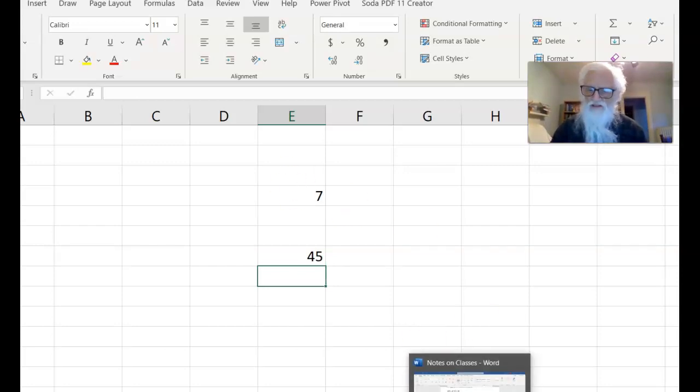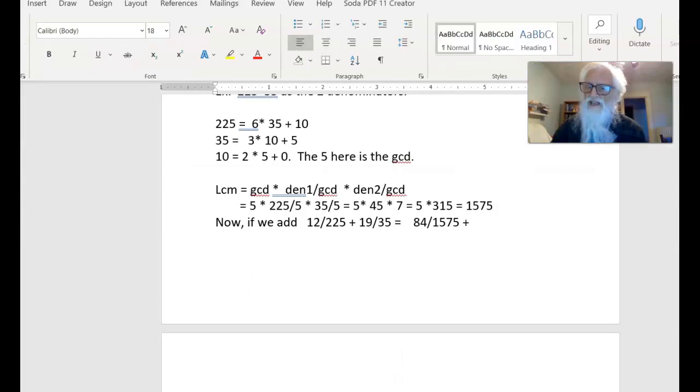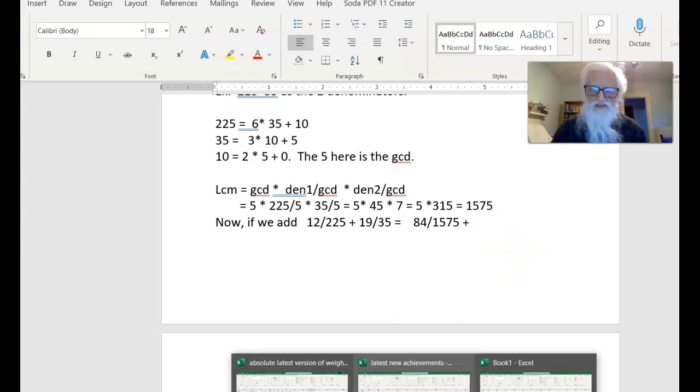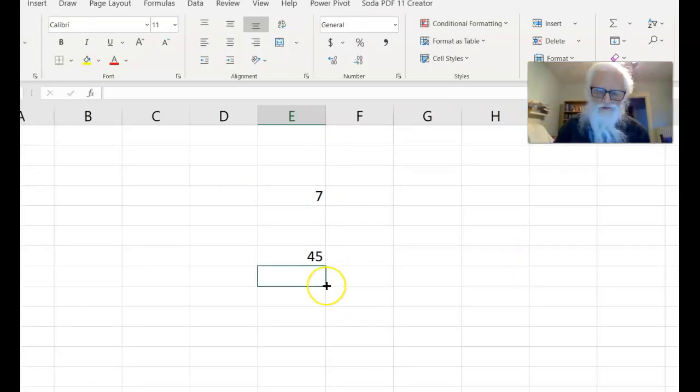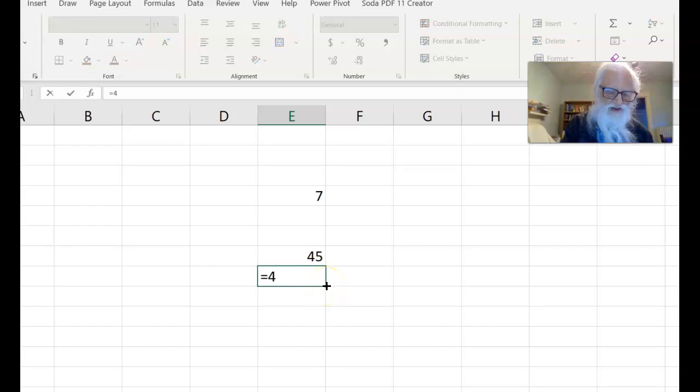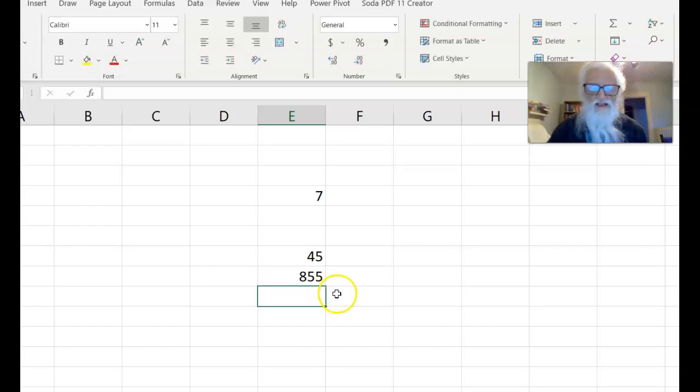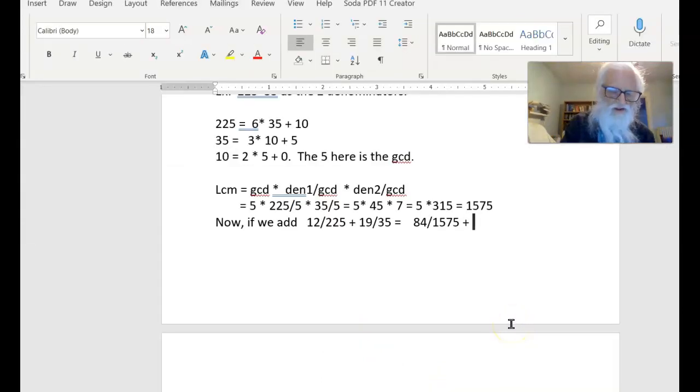So now I have to multiply both numerator and denominator by 45. I'm going to cheat: 45 times 19 equals 855 over 1575.